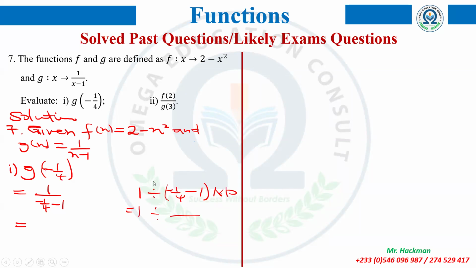So anytime you are changing the division bar to the symbol and you realize that either before or after the division symbol, you have more than a term, put them in brackets to maintain the meaning. Otherwise, you are doomed. But I've told you, if you introduce your brackets, you are introducing operation, but the purpose is to remove operation. So here the advice is, let me check my numerator.